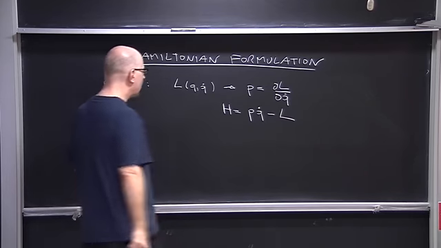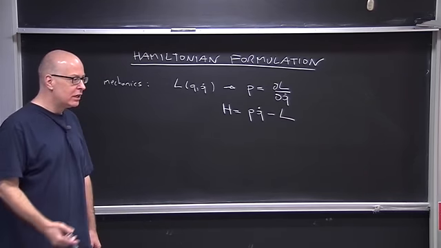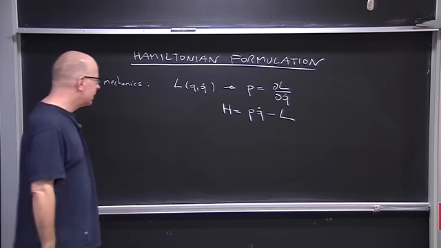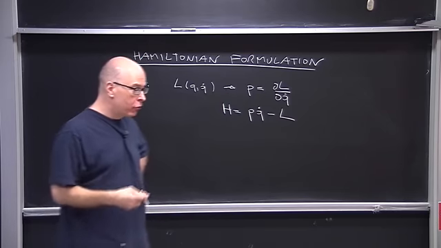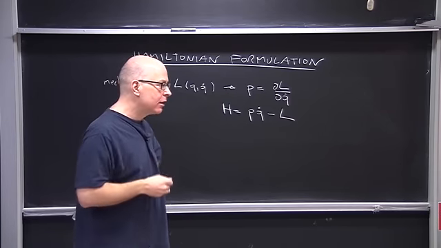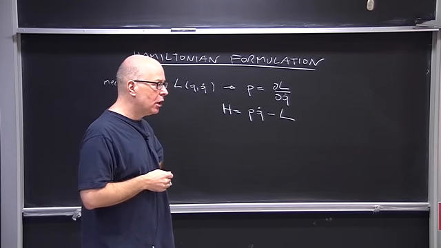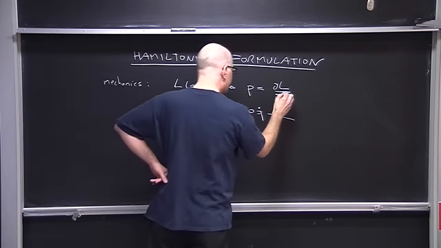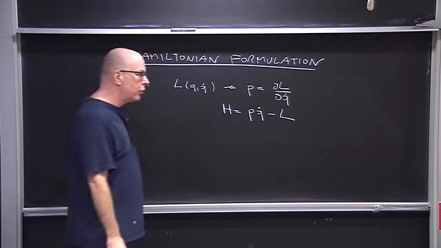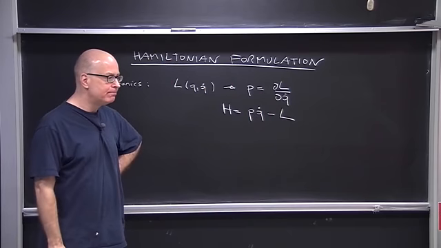But in our context, the interest in this is not really to get the Hamilton equations, as I said before. It's really to get the Hamiltonian itself. So what is the Hamiltonian, first of all, for a field theory, and second of all, when the field theory is GR itself? So the procedure here is very simple, and the whole starting point is to take a derivative of your Lagrangian with respect to q dot.